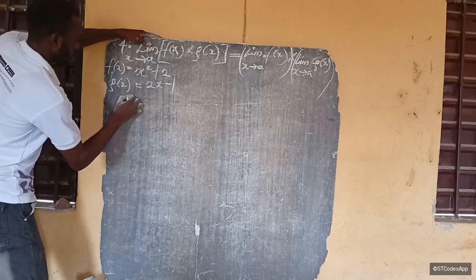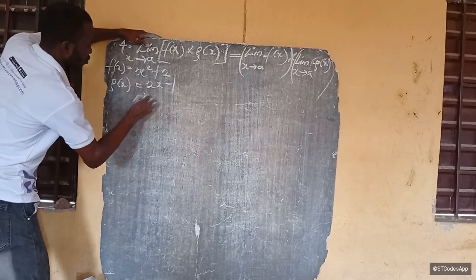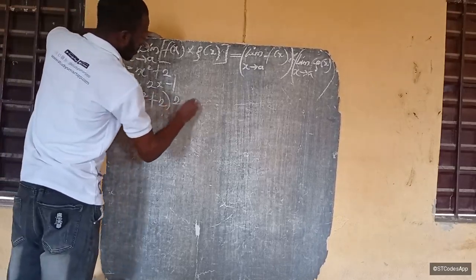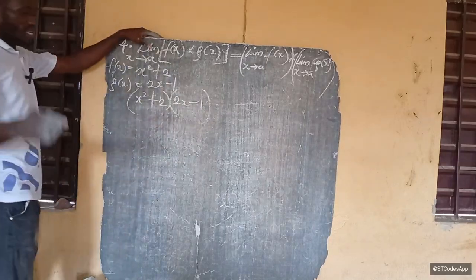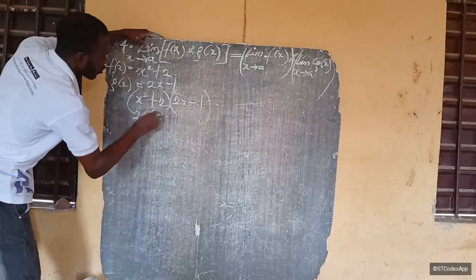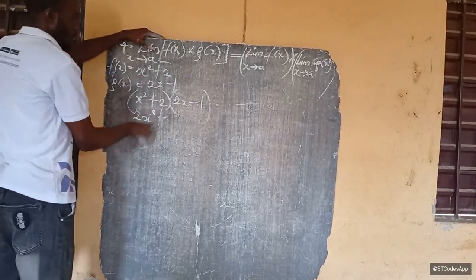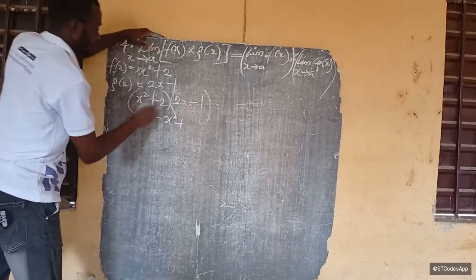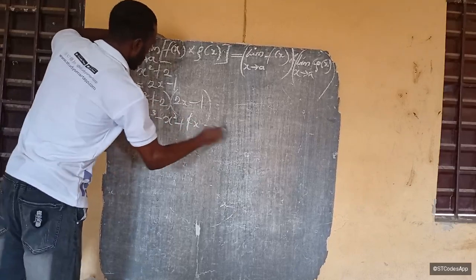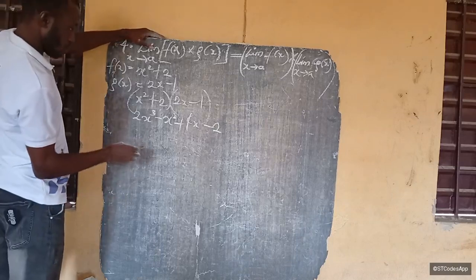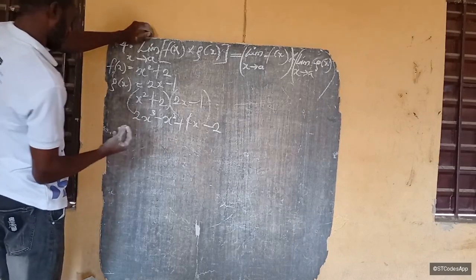So f of x times g of x is going to be x squared plus 2 times 2x minus 1. Then this times this will give us 2x cubed, plus or minus this times this, minus x squared plus 4x minus 2. Okay, so we cannot simplify this further.